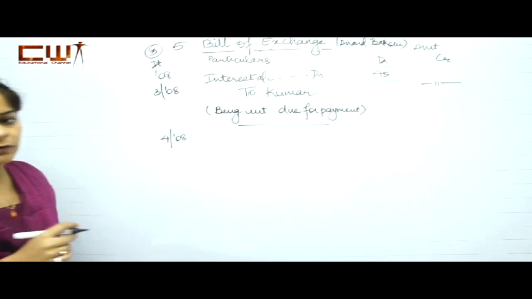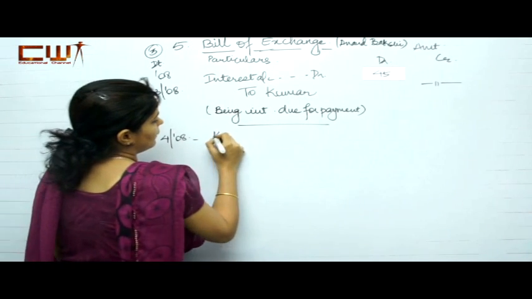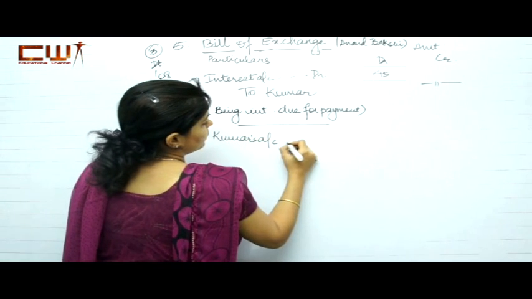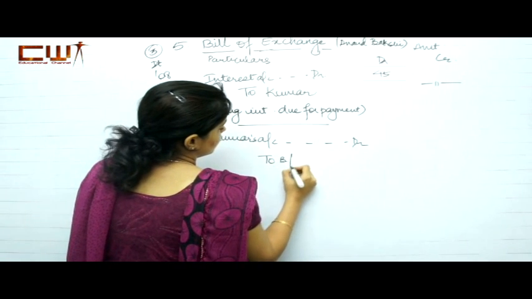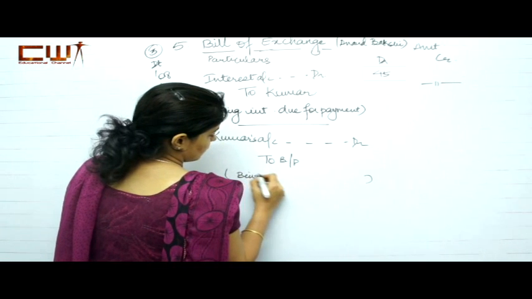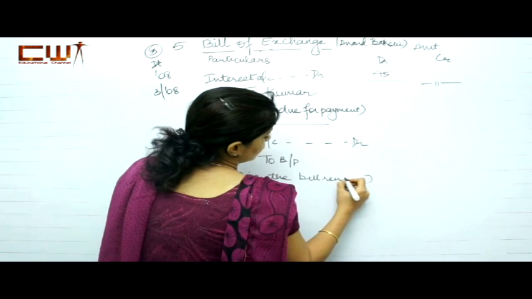Next is, now you will make the total amount due, that is 3045. You are drawing the new bill. So again the new bill entry will be Kumar's account debited to bills payable. Being the bill renewed.